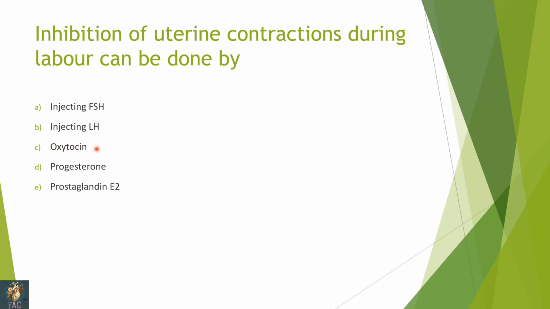Oxytocin causes an increase in uterine contraction. Both FSH and LH levels are raised. At the end, prostaglandin E2 is also very important because it increases the contraction. It is only the progesterone hormone which decreases the uterine contraction and which can stop premature labor. So the correct option for this question is progesterone, that is option D.